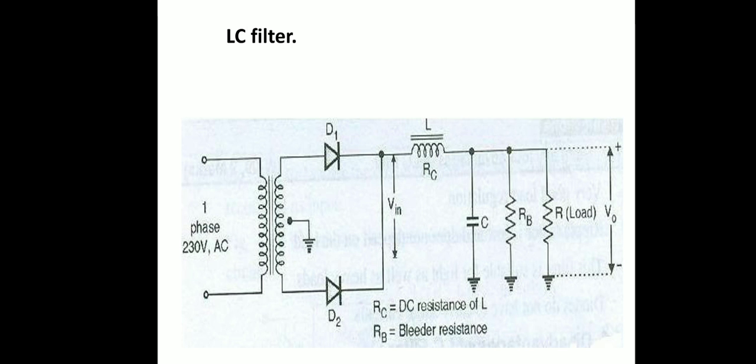The LC filter can give a low ripple factor irrespective of the load, as it is a combination of the two filters. The series connected inductor offers a high reactance to the harmonic components of the ripple in the output and attenuates them, and the parallel capacitor provides a low reactance bypass path for them. This will reduce the ripple further.